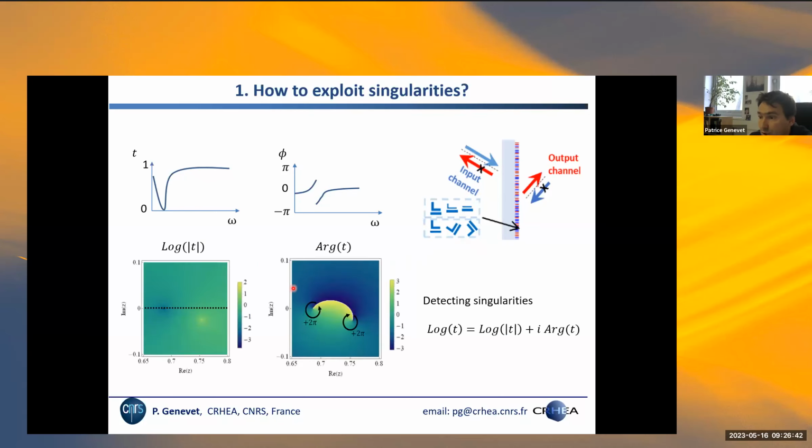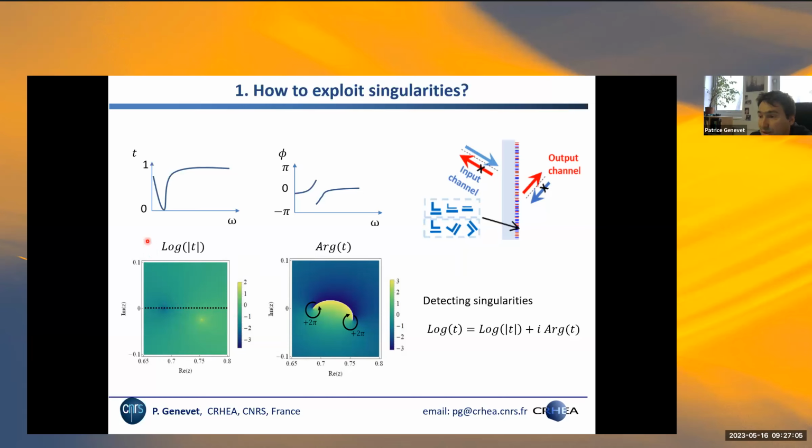Now, we are going to send not only a real omega frequency, but a complex omega, which means I send a real frequency and also an imaginary part, which corresponds to an exponentially amplifying or exponentially decaying source, to probe the response of the system in the complex frequency plane.